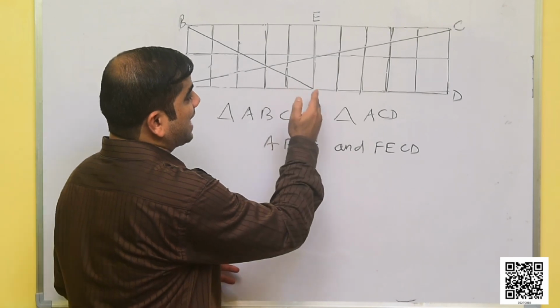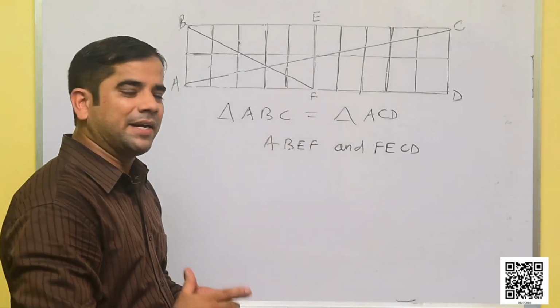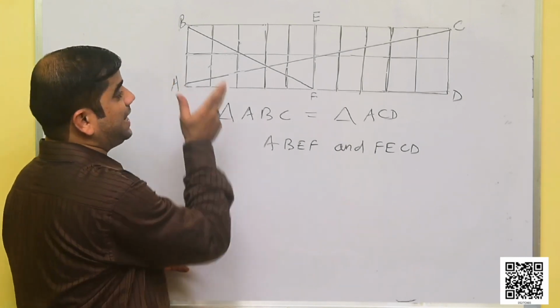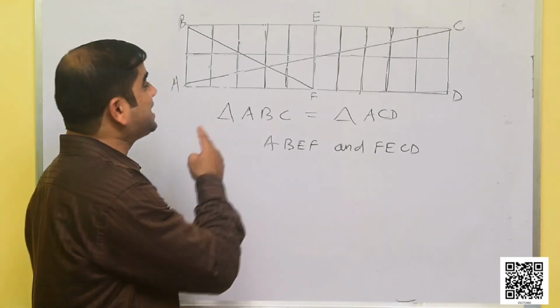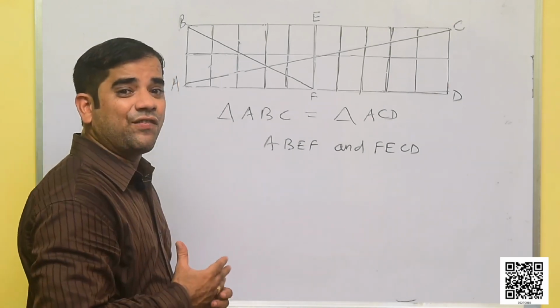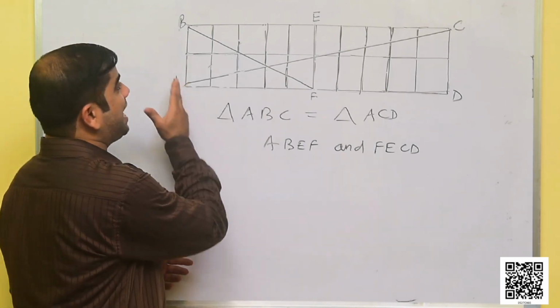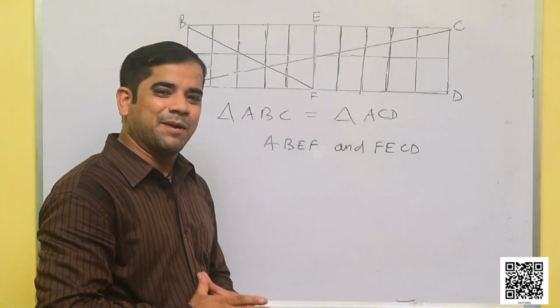So, rectangle FECD is having area of 10 square centimeter. Again, we have divided rectangle ABEF into two equal triangles. So, each triangle will have area of 5 square centimeter, because rectangle ABEF is having area of 10 square centimeter.